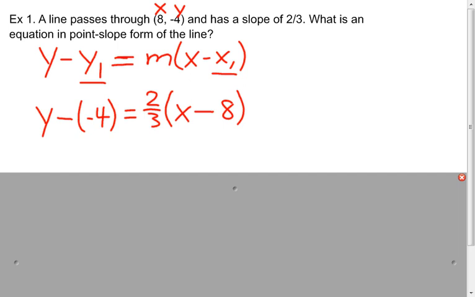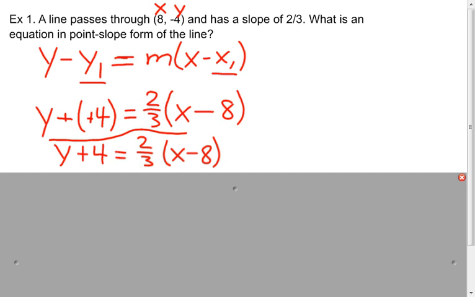Okay. Now, in algebra, we're not allowed to have 2 signs next to each other, so these change to plus, so we can write our answer. y plus 4 equals 2/3 times (x minus 8). That's what my equation would be in point-slope form.